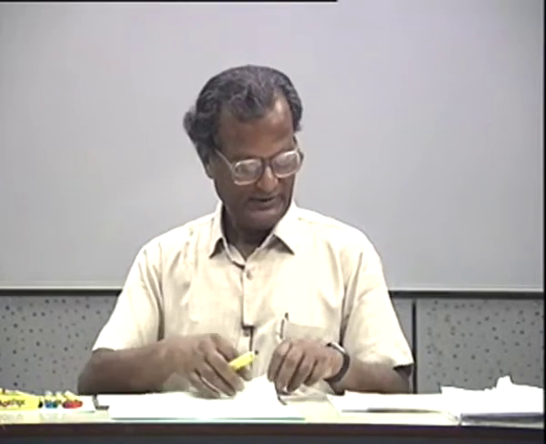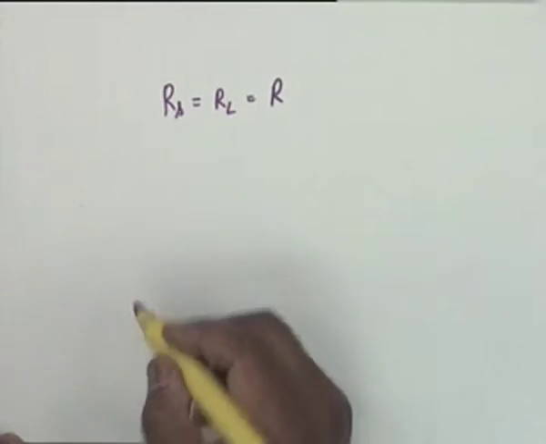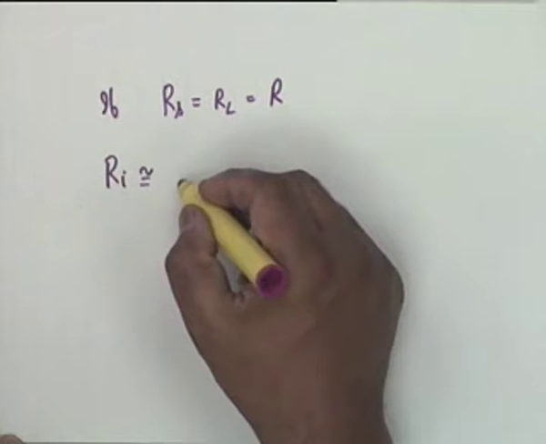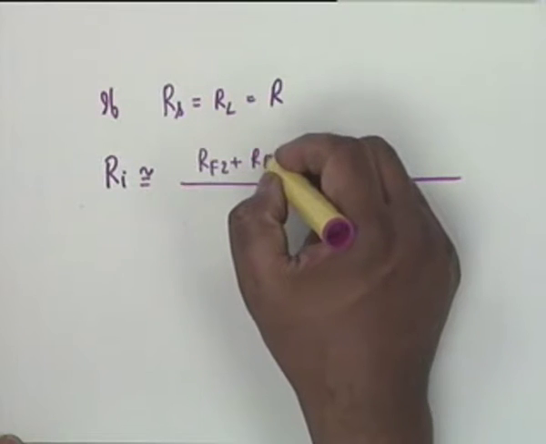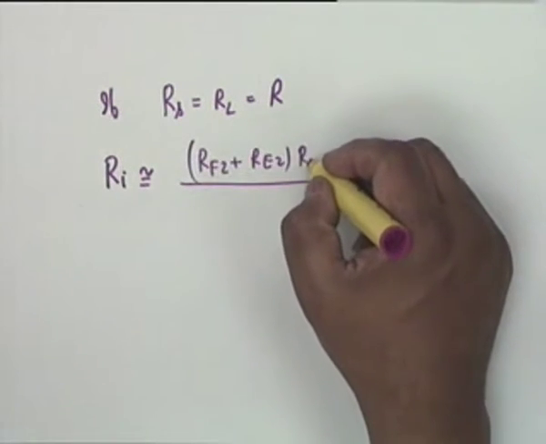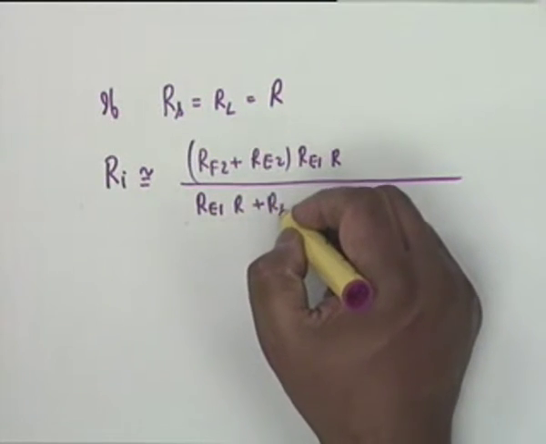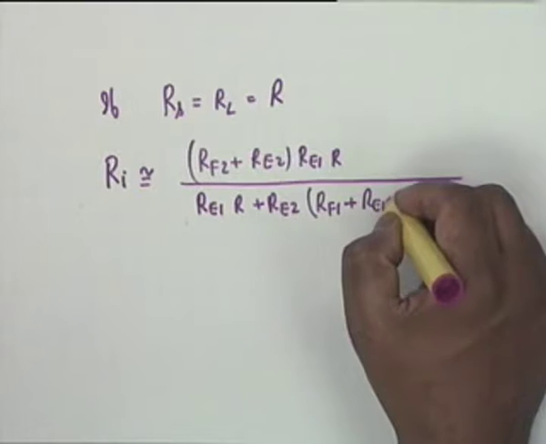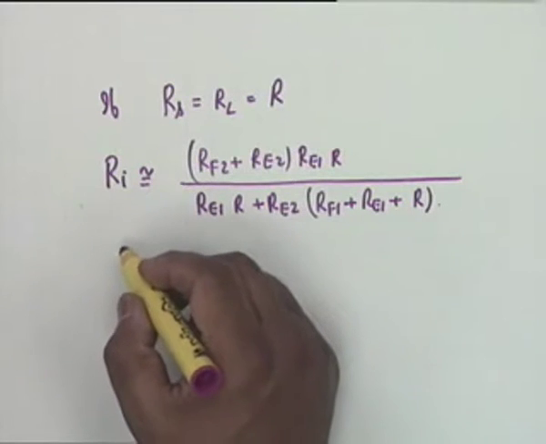and R sub O. Now, if you make a midband analysis with the assumption that RS is equal to RL, as in the previous case, then R sub I is approximately equal to, please note these expressions and try to verify, (RF2 + RE2) RE1 R divided by (RE1 R + RE2), plus RF1 plus RE1 plus R. It's not a simple expression, one should derive this carefully.